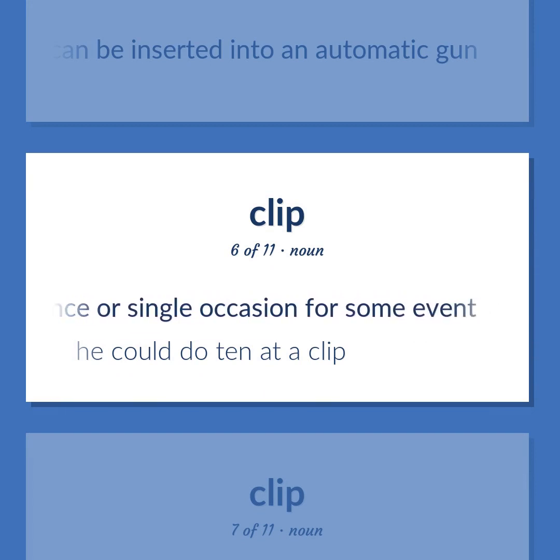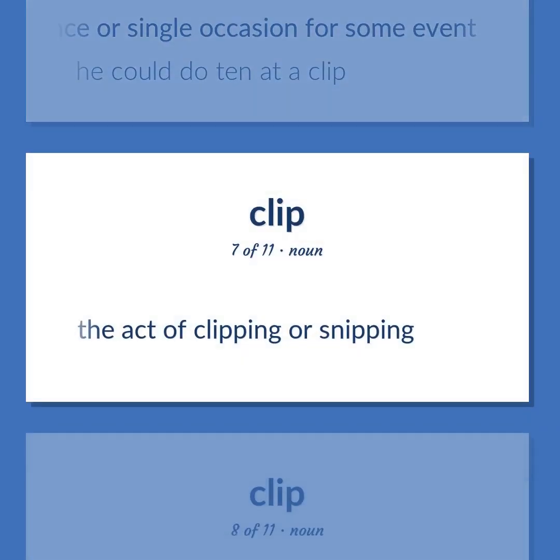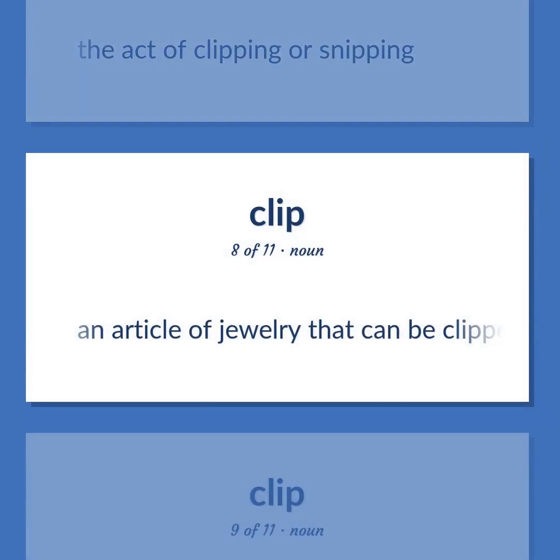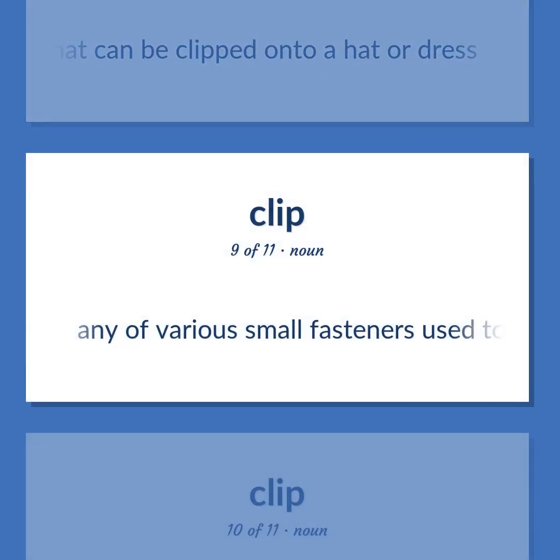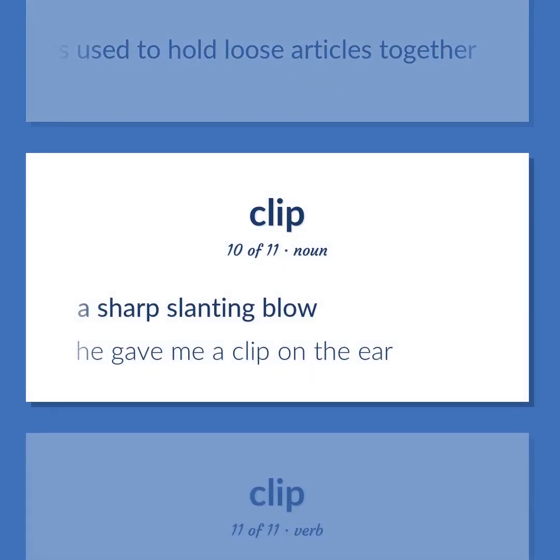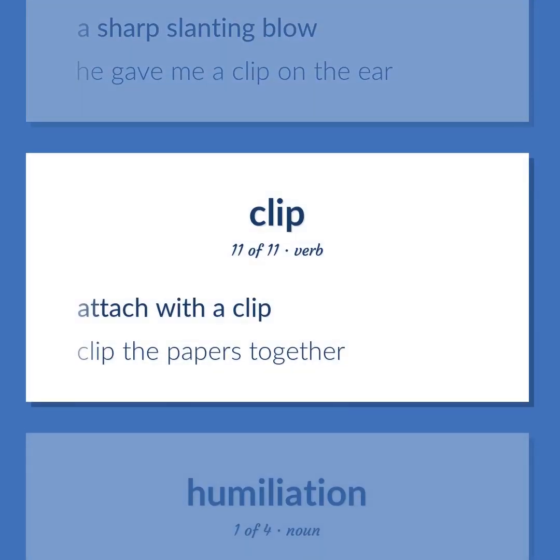He could do 10 at a clip. The act of clipping or snipping. An article of jewelry that can be clipped onto a hat or dress. Any of various small fasteners used to hold loose articles together. A sharp slanting blow. He gave me a clip on the ear. Attach with a clip. Clip the papers together.